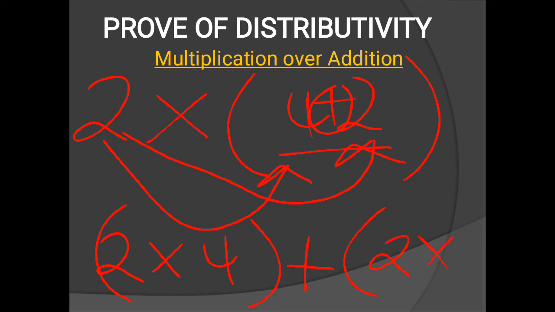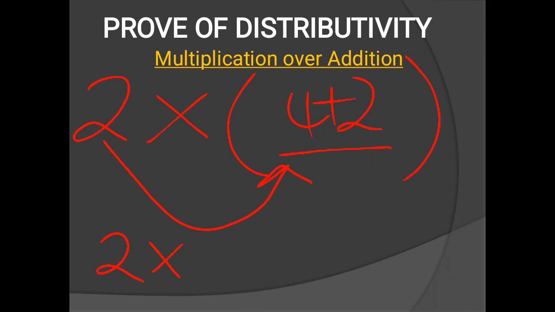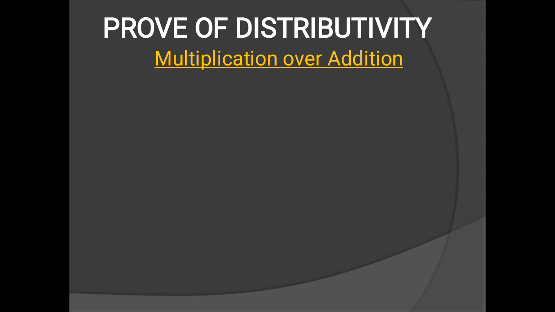Now 2 times 4 plus 2 times 2. 2 times 4 is 8, plus 2 times 2, which is 4. 8 plus 4 is what? 12. You see the same answers. Multiplication over addition. You can use any numbers and you still get the same answer. Right. So let's say 3 times the quantity 1 plus 4.